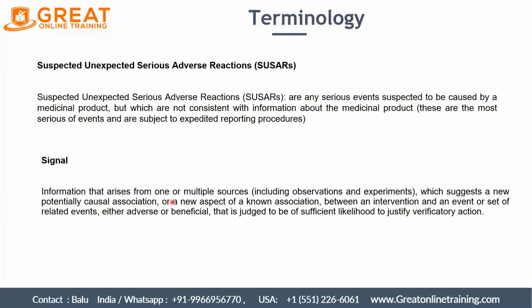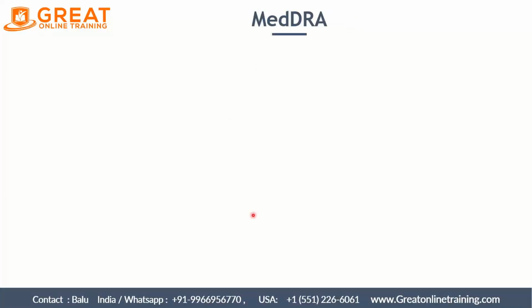That means it can be a new event or an already identified safety concern, but there is some change in the frequency or the seriousness or severity of that event, or between an intervention and an event or a set of related events, either adverse or beneficial, that is judged to be of sufficient likelihood to justify verificatory action. So signals are any new safety concerns identified with the medicinal product.